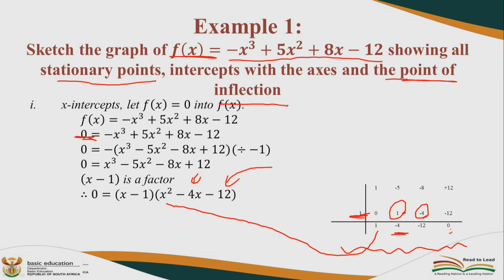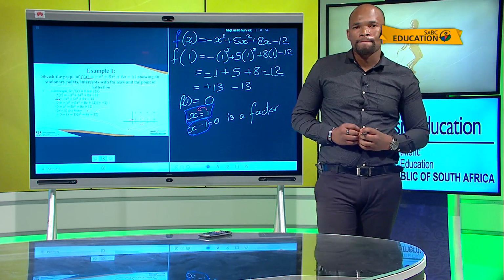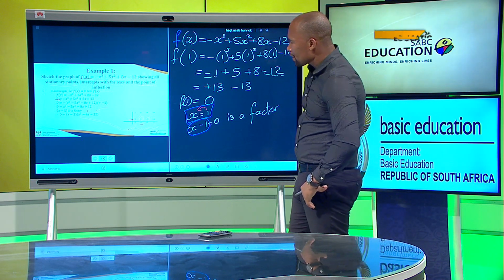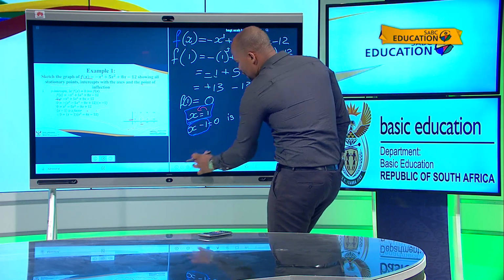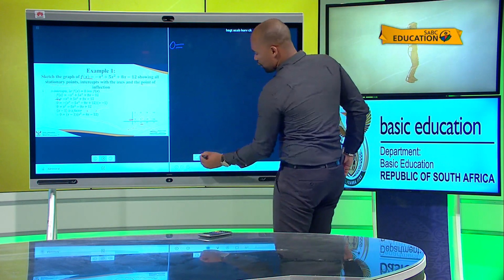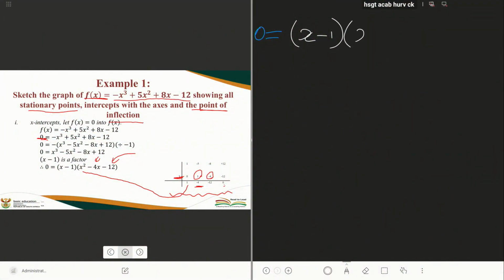So I've chosen the simplest one to factorize this cubic equation. All right. Then, can I factorize further that part that says x squared minus 4x minus 12?